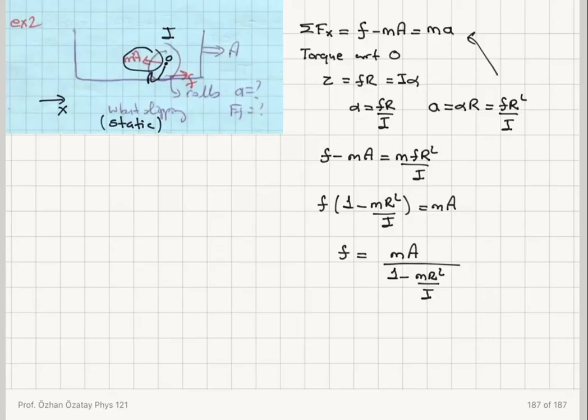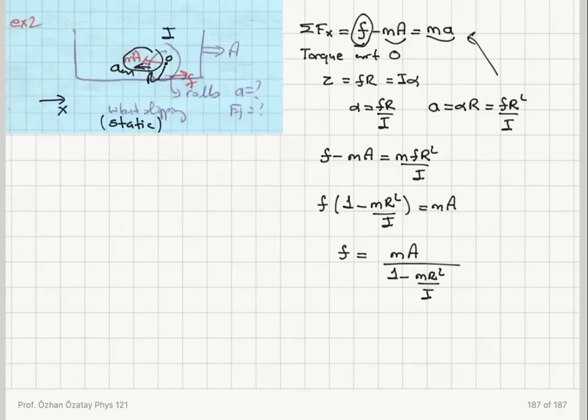I have to be careful with the direction of acceleration here. So actually this is not right. Why is this not right? Because I have taken force of friction to be positive to the right, F, ma is to the left, and this acceleration that I will get at the end will be to the left, because the center of mass acceleration will be to the left.